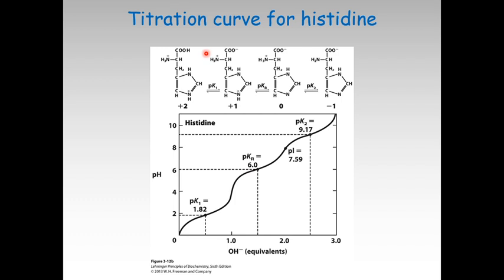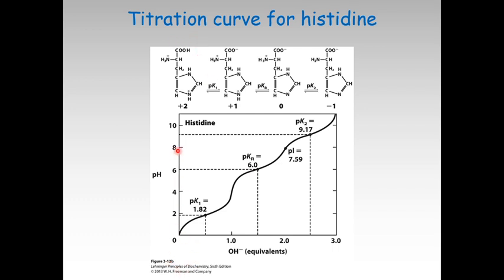Now, if you remember the table in part 1, the pKa's of all the amino acids, right? Carboxylates have a pKa that is close to 2. Now, this is the alpha carboxylate, right? So at any pH above 2, it loses a proton. So this is the first functional group that loses a proton.